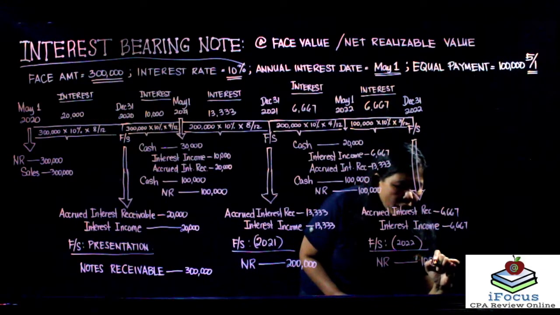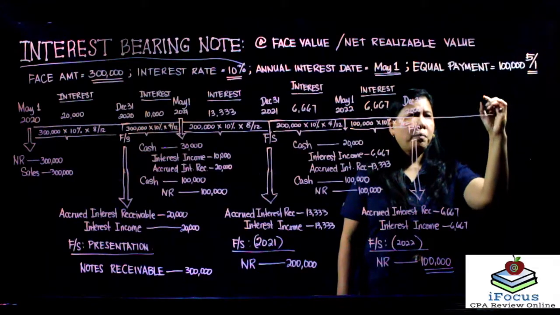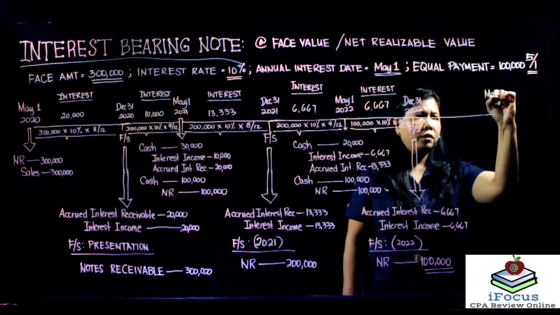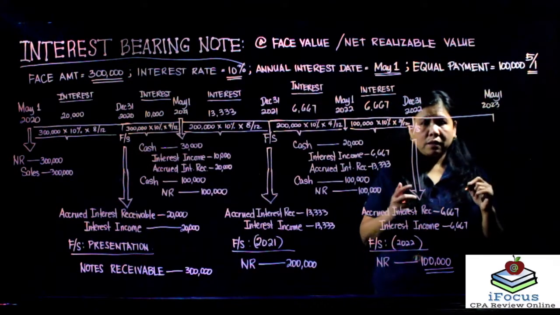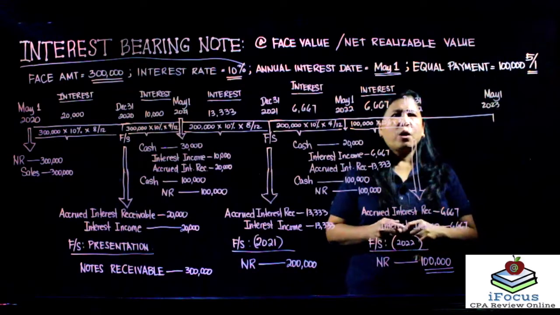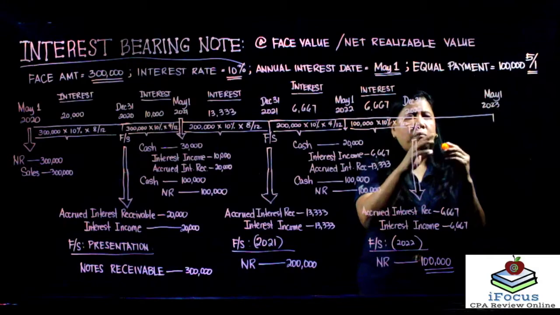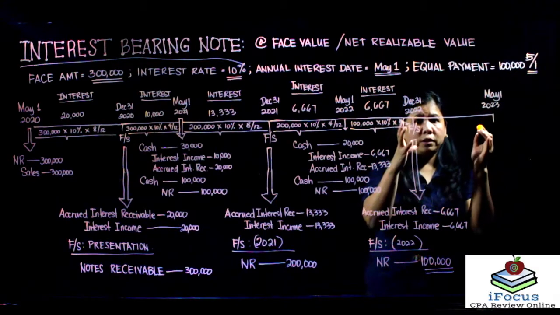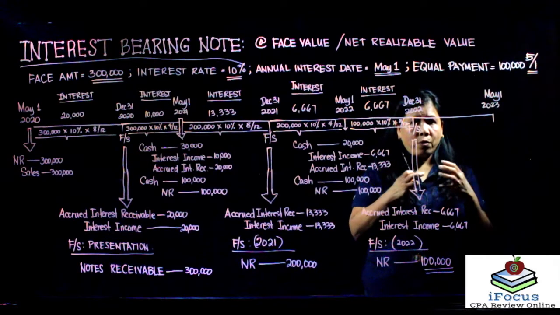is that your notes receivable will then be 100,000. Now, on next May 1st of 2023, the last installment payment of the maker. From January 1 of 2023 up to May 1st of 2023, we earned interest income for 4 months.